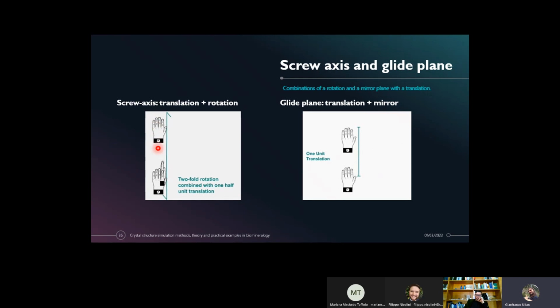This is the translation, but here we have a 2-fold rotation. So this hand here is rotated by 180 degrees, then translated by half a lattice vector, and again rotated by 180 degrees.